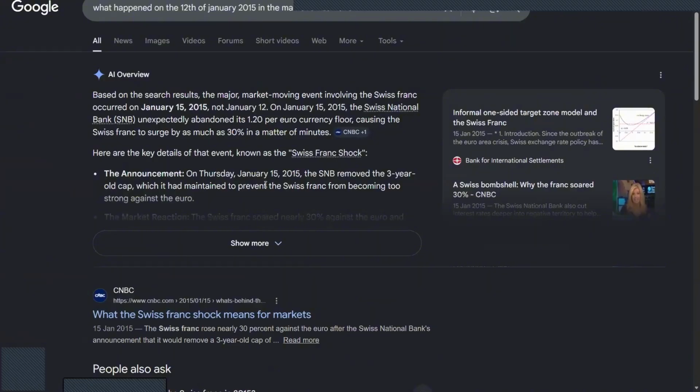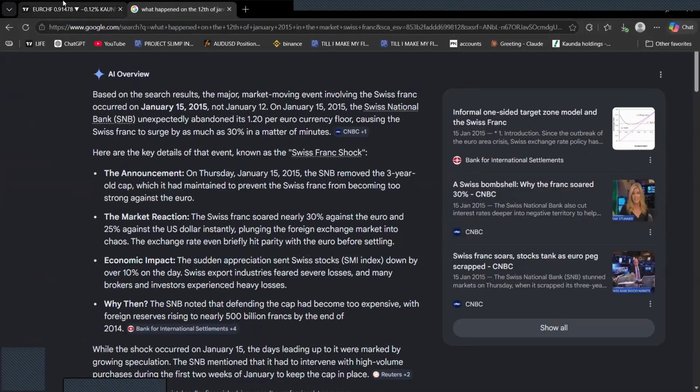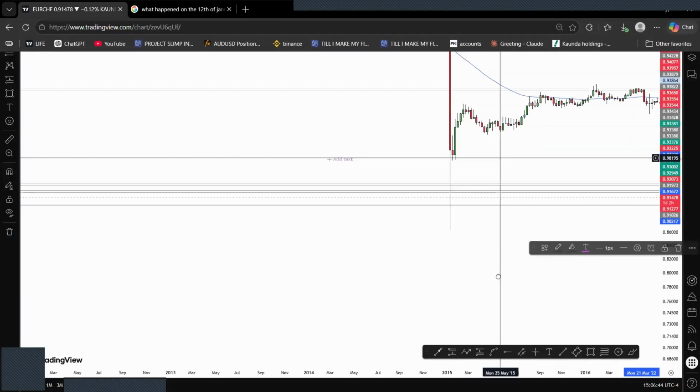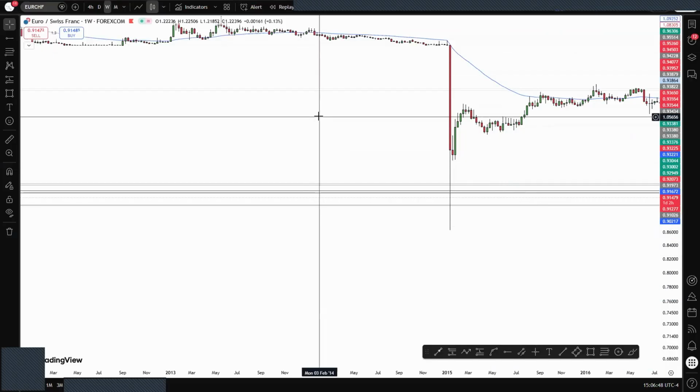Oh, the Swiss franc actually gained after it abandoned the euro currency floor, and this made it gain, leading to this massive drop.